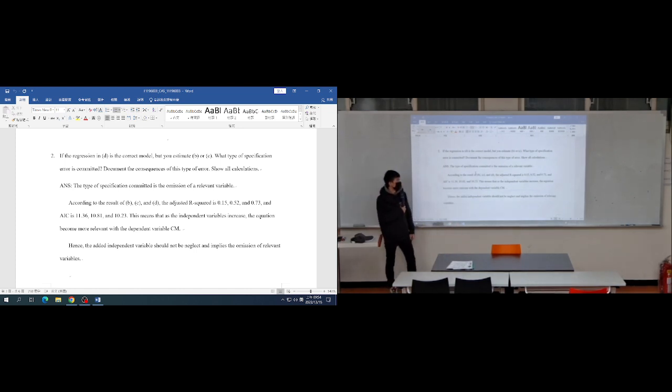So this means that as the independent variables increase, the equation becomes more relevant to the dependent variable. So the added independent variables should not be neglected, and this implies the omission of relevant variables.